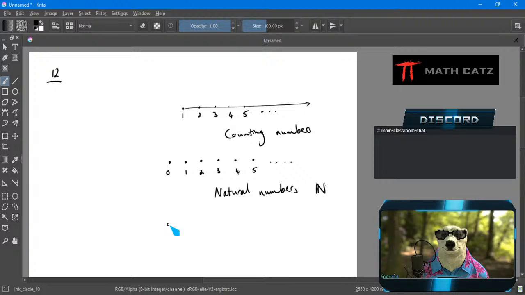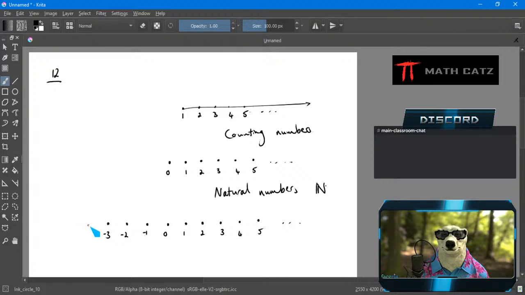So they extended the numbers to the same ones that were there previously, that continue forever. And they introduced these negative numbers.